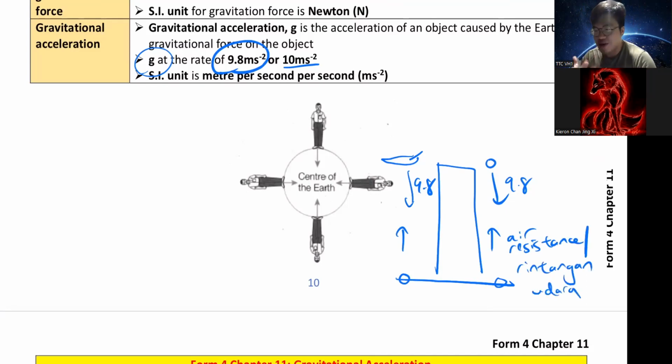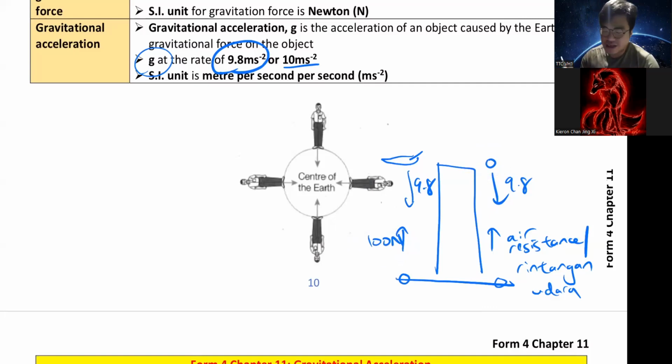When you jump down, there's some air pushing you, isn't it? Let's say the air resistance is 100 Newton, for a 2000 Newton heavy ball. The bowling ball is around 2000 Newton, whatever.